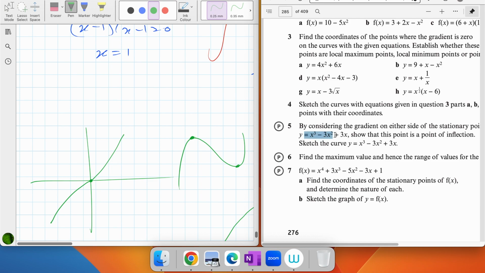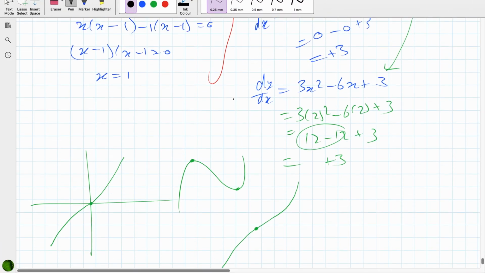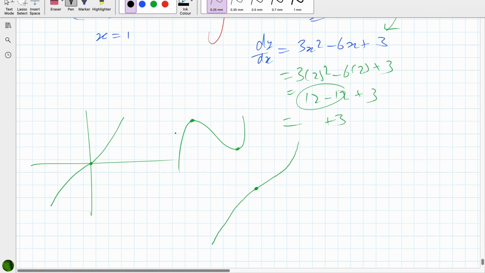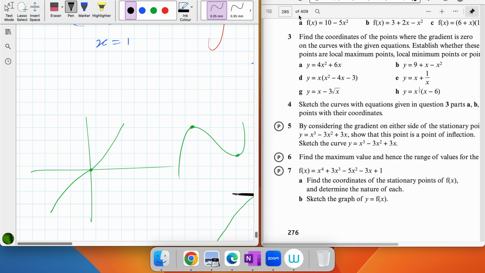Logically, a cubic equation should have 2 turning points, but we got only x equals 1. And we know that at x equals 1, the gradient is 0. So this point should have a horizontal tangent. Getting it? Any question? Okay.